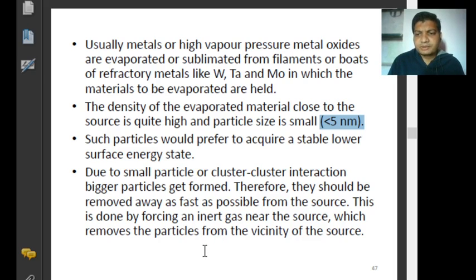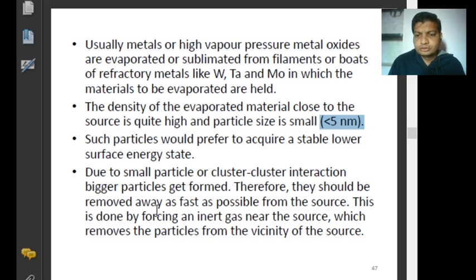Such particles would prefer to acquire a stable lower surface energy state. So the law of physics is there. According to thermodynamics also, material wants to get to a more stable form. Lower energy state is more stable. So the vapor particle wants to get stabilized by losing its energy. Hence, due to small particle or cluster interaction, bigger particles get formed.